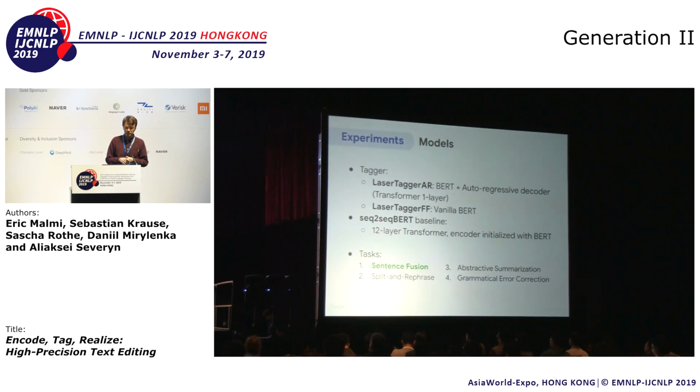We compare these two approaches to a seq2seq model. We initially tried many different transformer models, but the best results we got with a 12-layer transformer where we initialized the encoder with a pre-trained BERT checkpoint. We run experiments on four different tasks, but in the interest of time, I'll just show you results on sentence fusion.